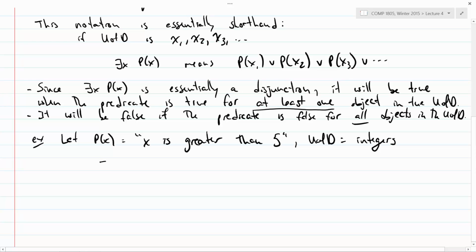The proposition there exists an x such that P(x), well, that's going to be true, right? Why is it true? Right, there's at least one integer bigger than 5. 6, for example. P(6) is true, therefore there exists an x such that P(x) must also be true.